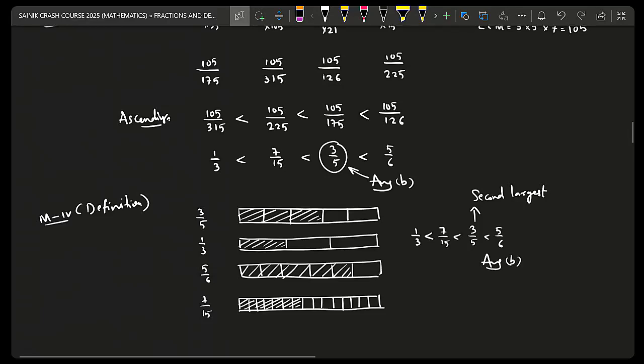Divide that object into 5 equal parts and shade 3 parts. 1 by 3 means divide into 3 parts, shade 1 part. 5 by 6 means divide into 6 parts, shade 5 parts. 7 by 15 means divide into 15 parts and shade 7 parts. Now you can compare the shaded parts. This may not be possible for all the questions, but if it is possible, you need not depend on mathematical skills. You can depend on the diagram, that is, drawing skills.